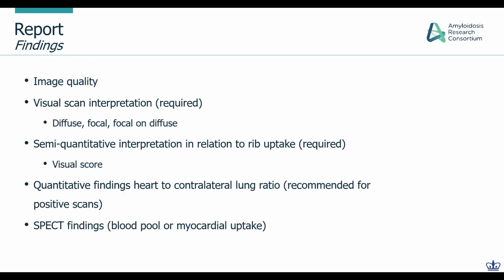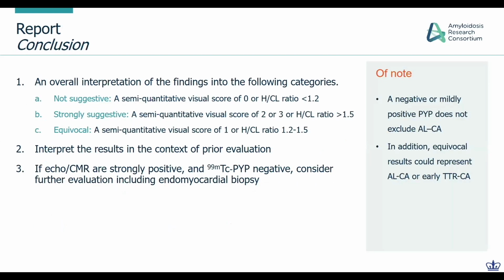For reporting, same thing as when we are doing interpretation, there are 6 things which we look at: image quality, visual scan, whether it's diffuse or focal uptake, then visual score, then quantitative heart to contralateral ratio, then SPECT findings, and then incidental findings, if there are any. It's important to conclude a report with a statement.